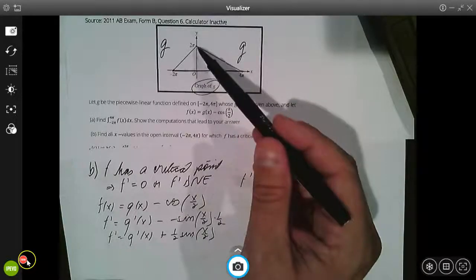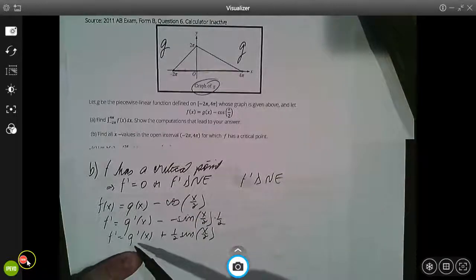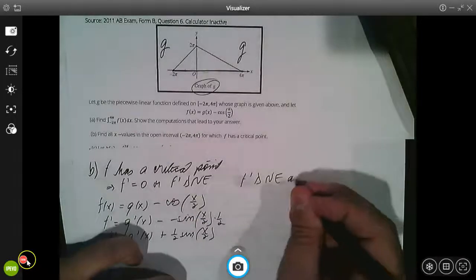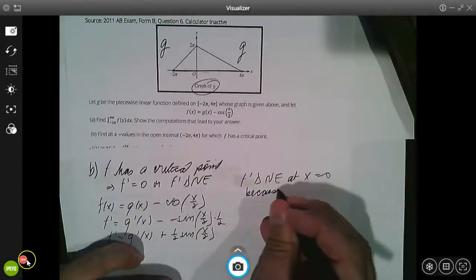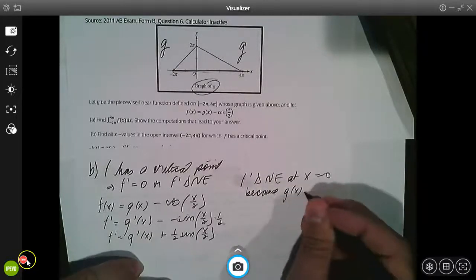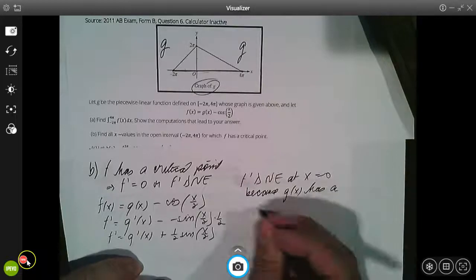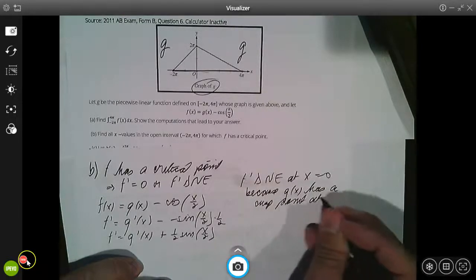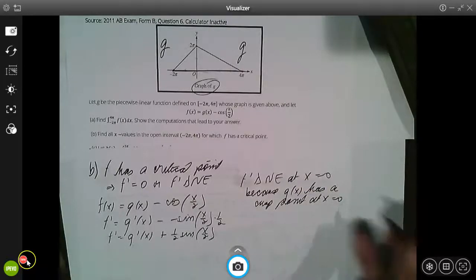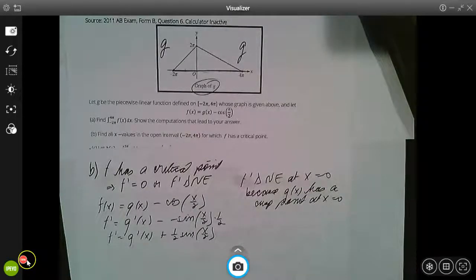So if g has a cusp point, g prime doesn't exist. F prime does not exist at x equals 0 because g has a cusp point at x equals 0. Okay? Let's keep going.